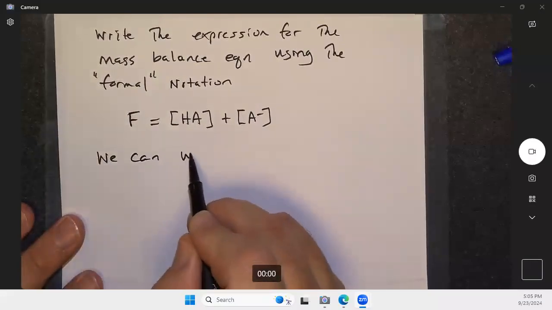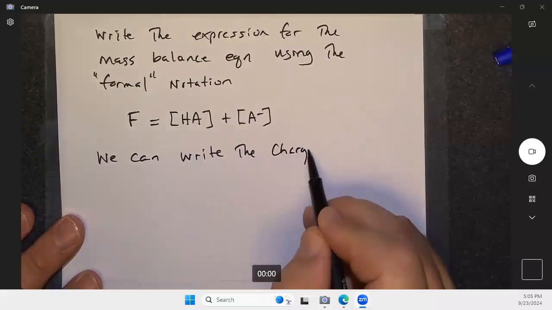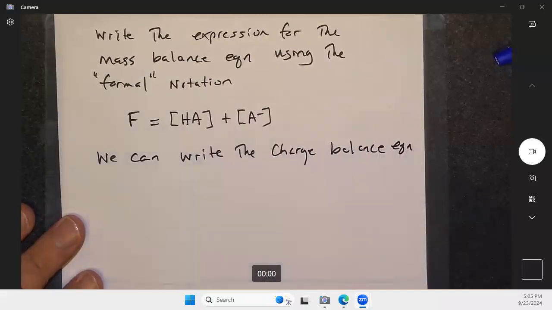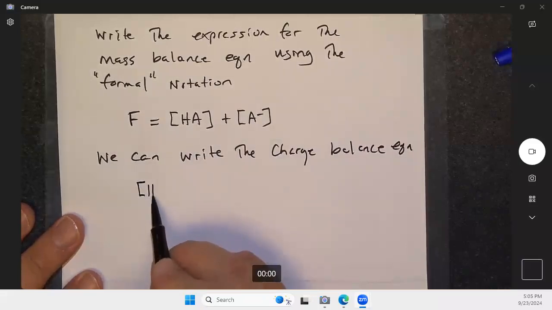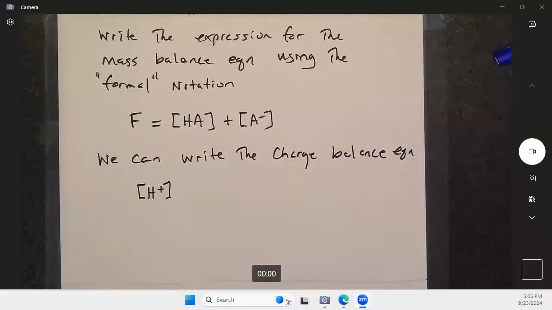We can also write the charge balance equation. The charge balance equation would be all the things with a positive charge written on the left-hand side. If we've got this generic weak acid, what do we know is in solution? It's an aqueous solution, so we know we have H plus and OH minus. Do we have anything else that's positively charged?